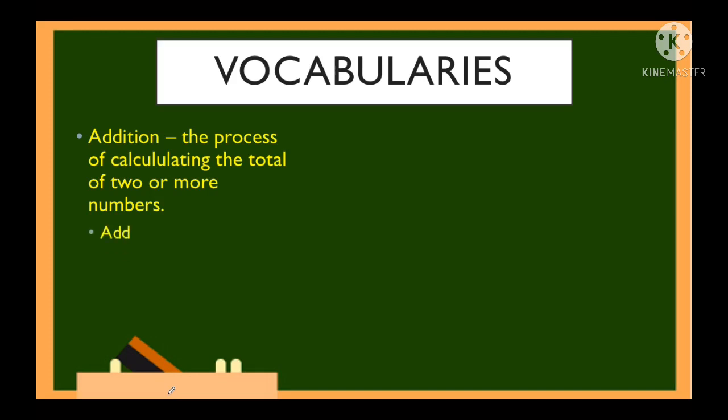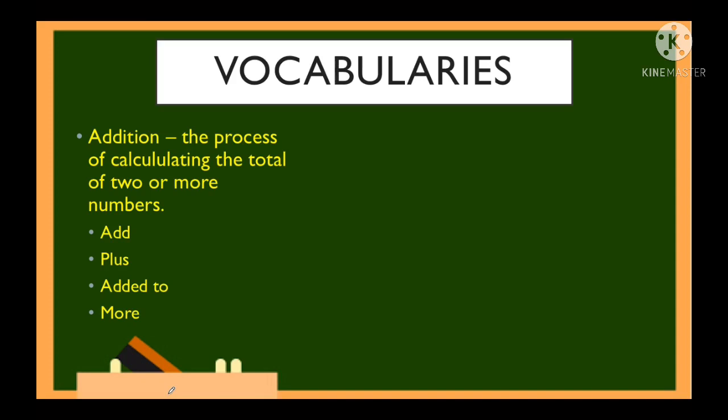Add, plus, added to, more. So these are some of the words that are related to addition. So if someone told you about add, plus, added to, or more, that means you will use addition.